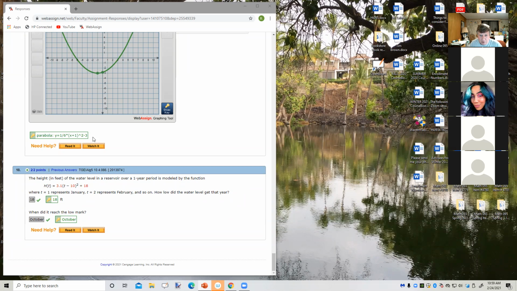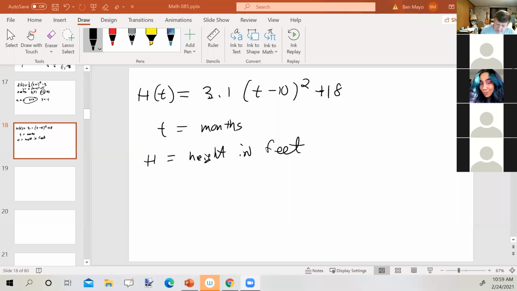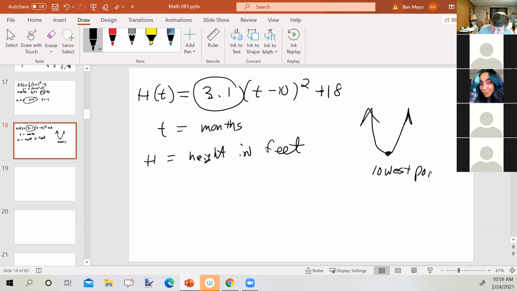Okay, I want to go back to my whiteboard screen here. This parabola, since a is greater than 0, is going to open upward, correct? Which means the vertex is going to be the lowest point. Okay?